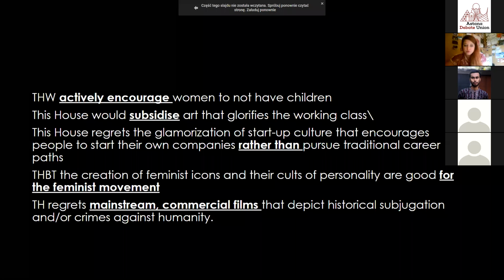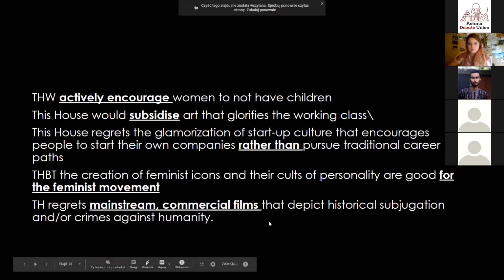So this is also the difference. So you can't claim that you are regretting absolutely every single piece of material, because Opposition will be like, no, this is not our burden to support all of this. So this is also extremely important.